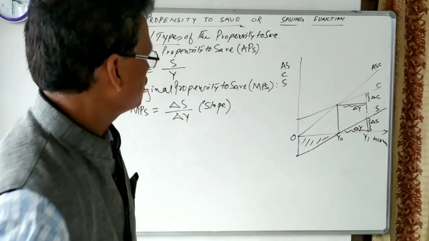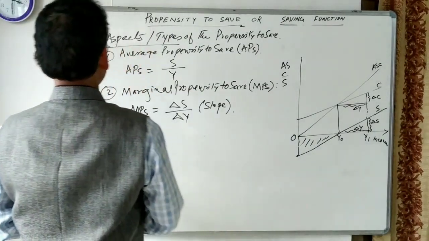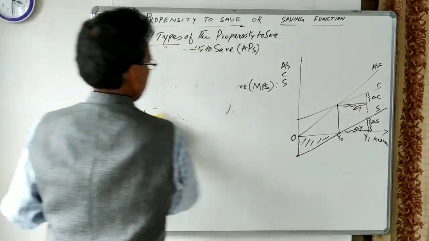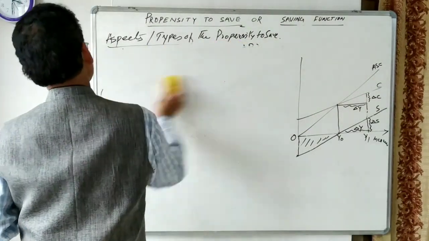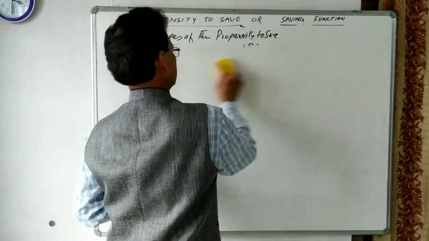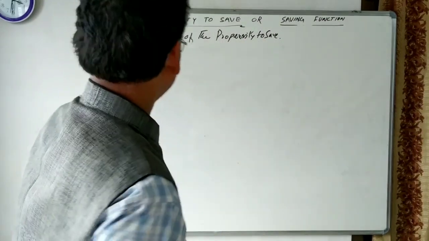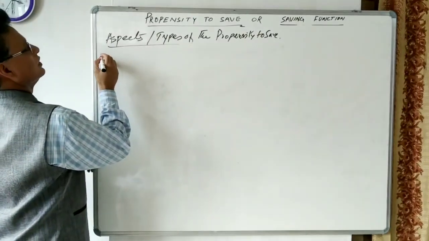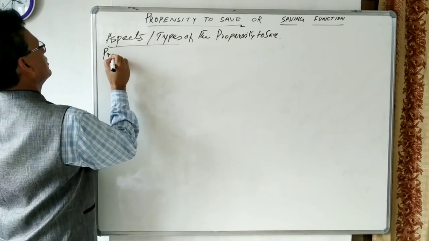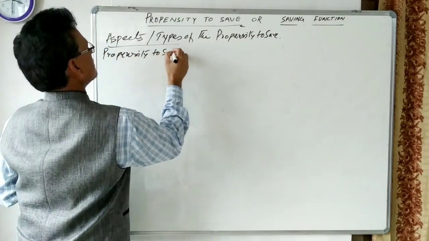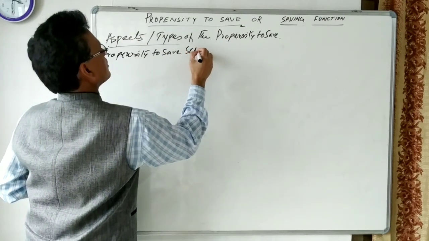So we can take one schedule and explain the concept in detail. This is the propensity to save schedule.